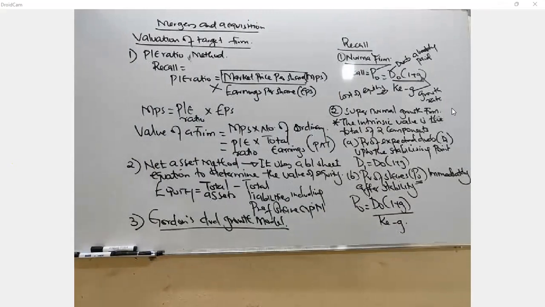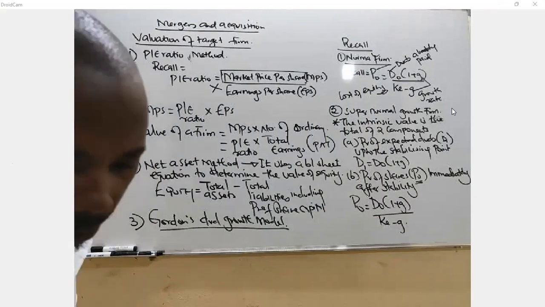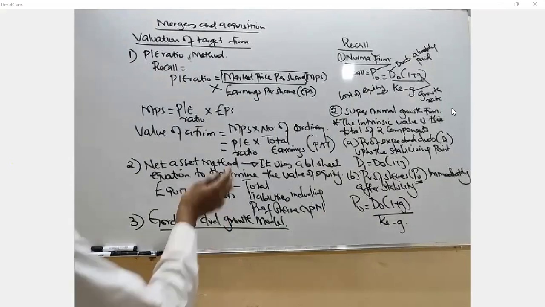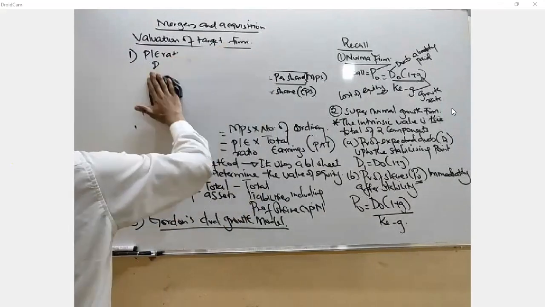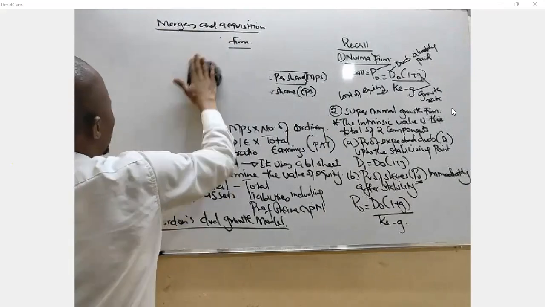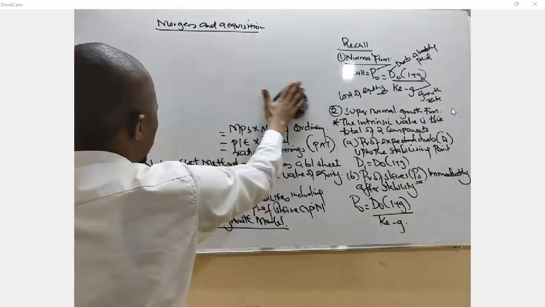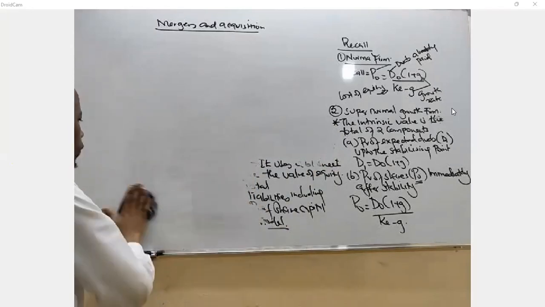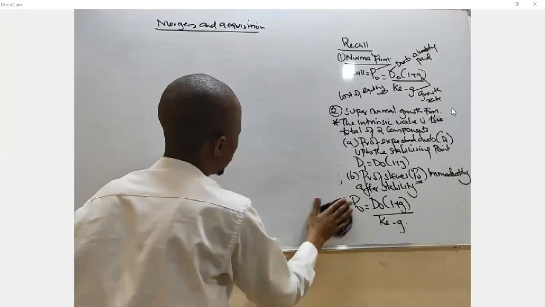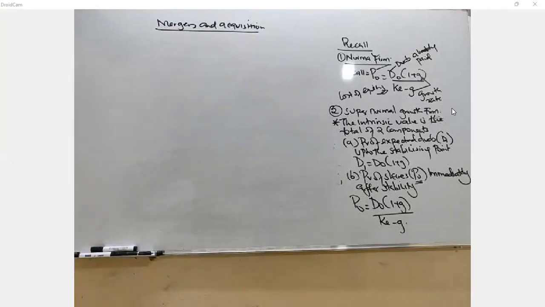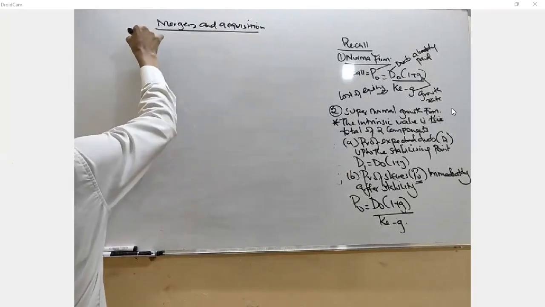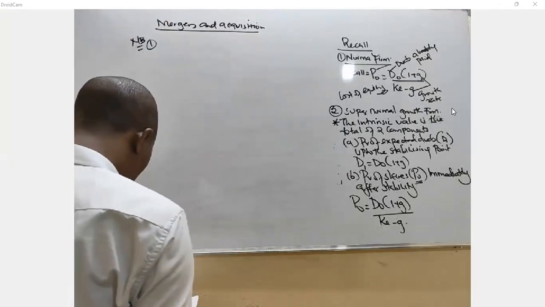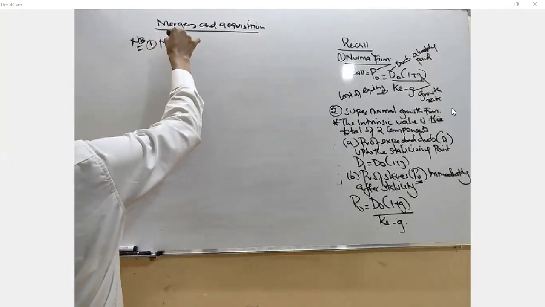Now, after analysis of such, there are some of the methods which you cannot forgo as long as you are doing mergers and acquisitions, right? There are two good formulas here. You cannot forget these formulas. Number one of the key formulas here, we are talking about the maximum exchange ratio.